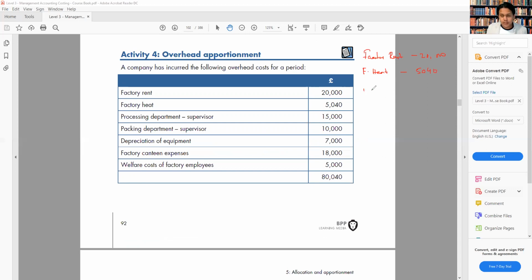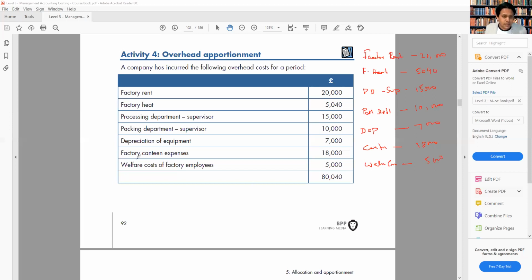Then we have processing department supervisor 15,000, packing department 10,000, depreciation 7,000, canteen 18,000, welfare cost 5,000. That's it. We have all the information.